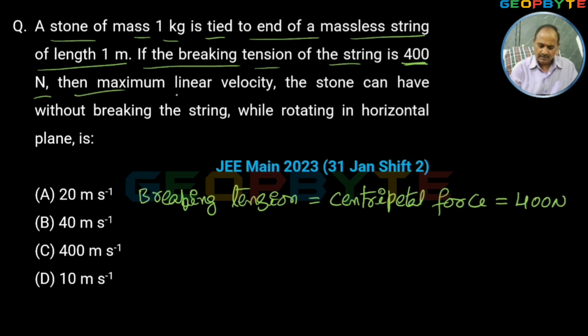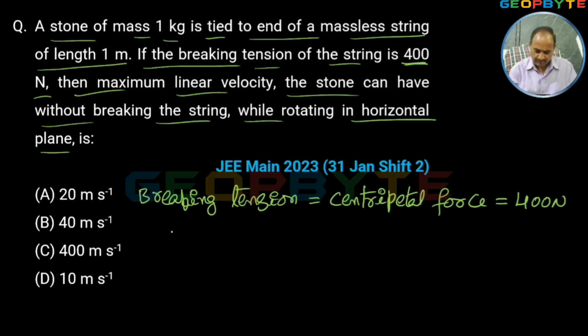The maximum linear velocity the stone can have without breaking the string while rotating in the horizontal path. Here mass of the system given 1 kg and the massless string length is nothing but radius r equal to 1 meter.